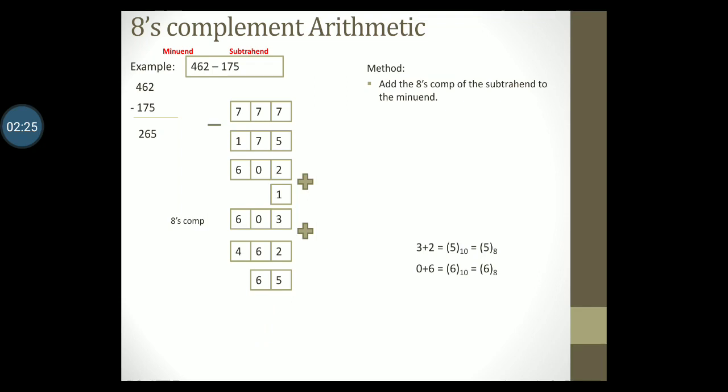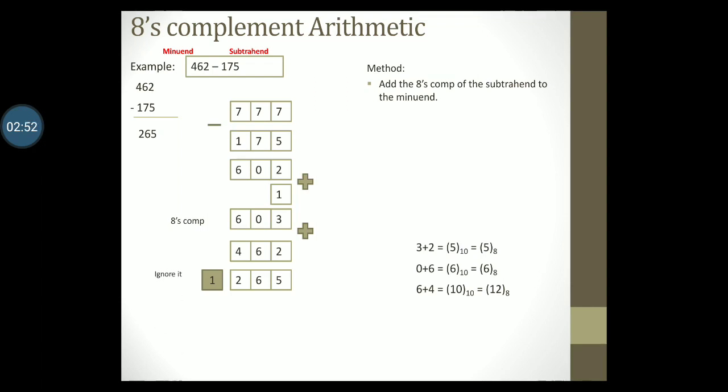In the last column we have 6 plus 4 is equal to 10, which is in decimal. Converting this to octal gives you 12, that is 2 with a carry of 1. So we get the sum as 1265, where the MSD 1 is the carry out from addition. I have highlighted this in grey. Now this carry you have to ignore.